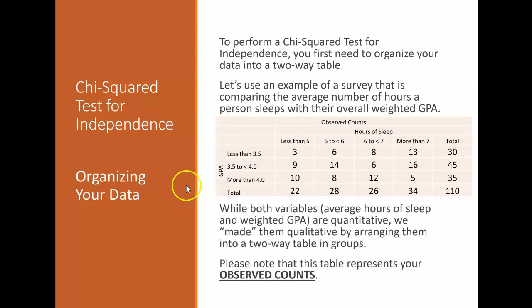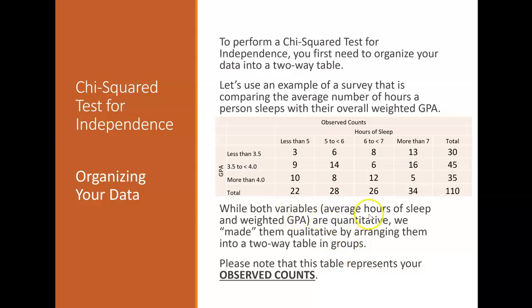So here we've categorized our GPAs into less than 3.5, 3.5 to 4, and more than 4. And then our hours of sleep into less than 5, between 5 and 6, 6 to 7, and then more than 7. And then we organized our two-way table based on the results of our survey, right?